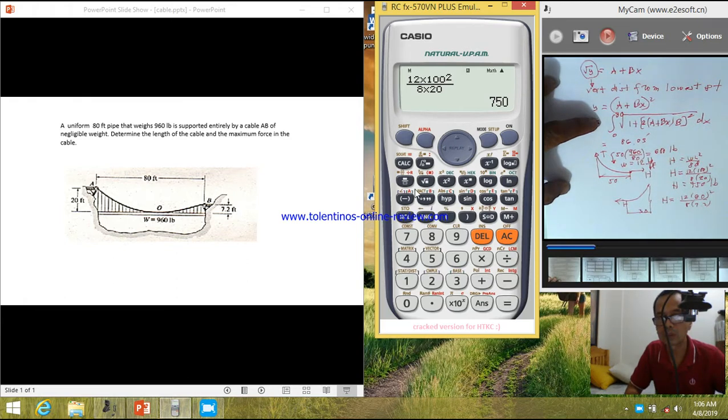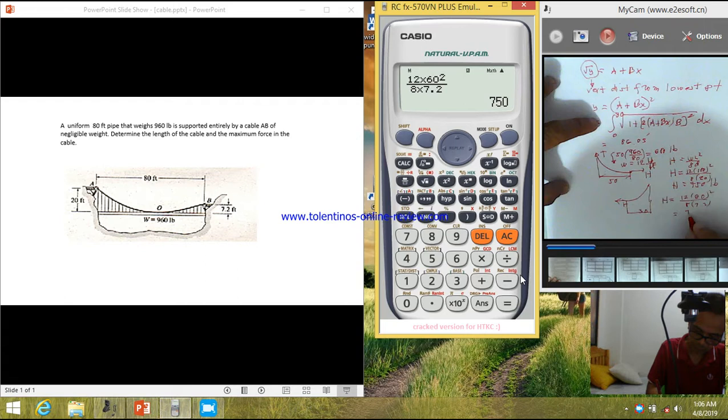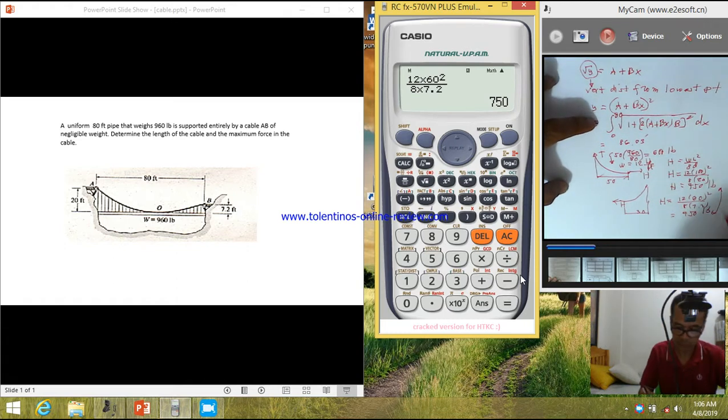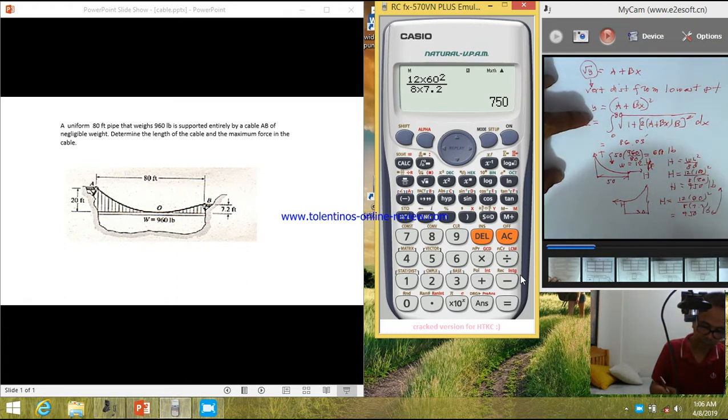What is that? 12 times 60 squared over 8 times 7.2 gives you 750 pounds. This verifies that computation.